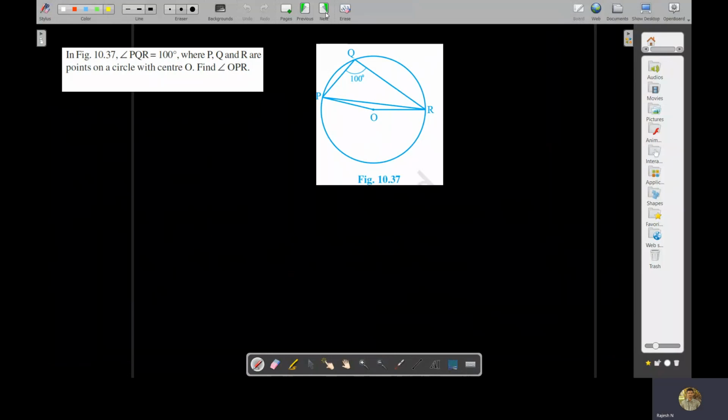Angle PQR is equal to 100 degree, where P, Q, R are points on the circle with center O. You have to find out angle OPR. Now you see, if it is 100 degree, take it as PQR.